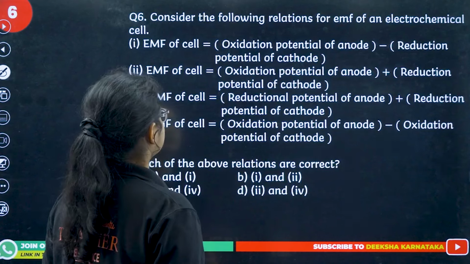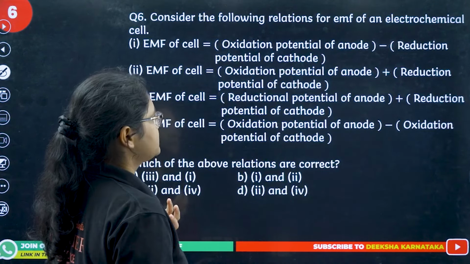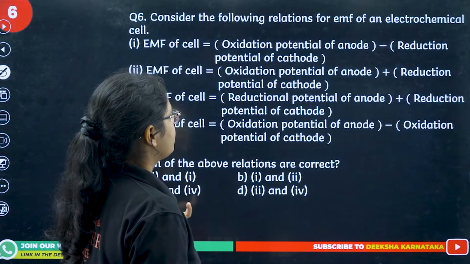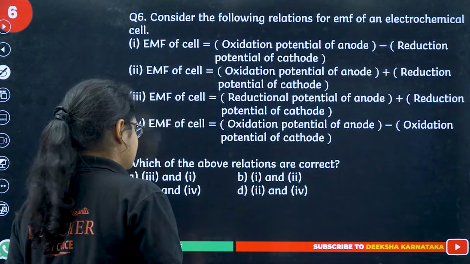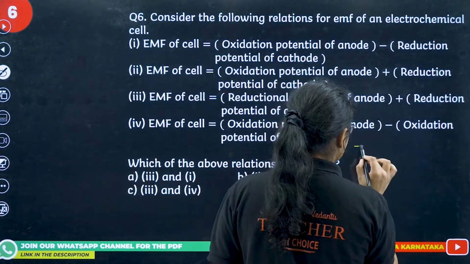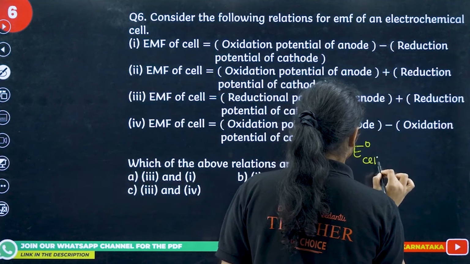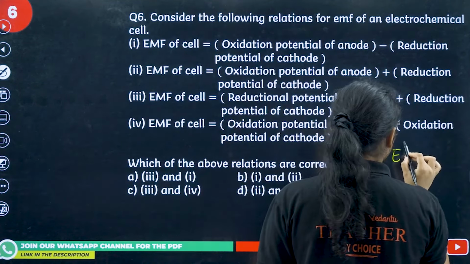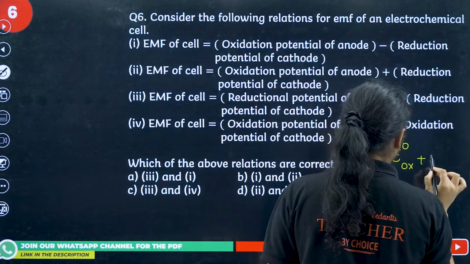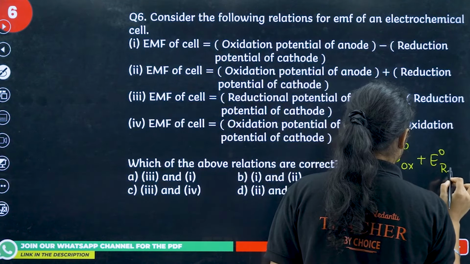Moving to the sixth question, consider the following relations of EMF of an electrochemical cell. The EMF of the cell is given. So let's first discuss what is the EMF of a cell. E naught of the cell is equal to E naught of oxidation plus E naught of reduction.